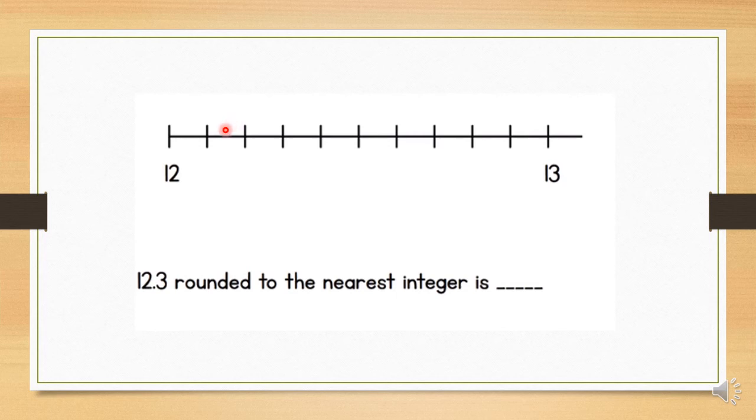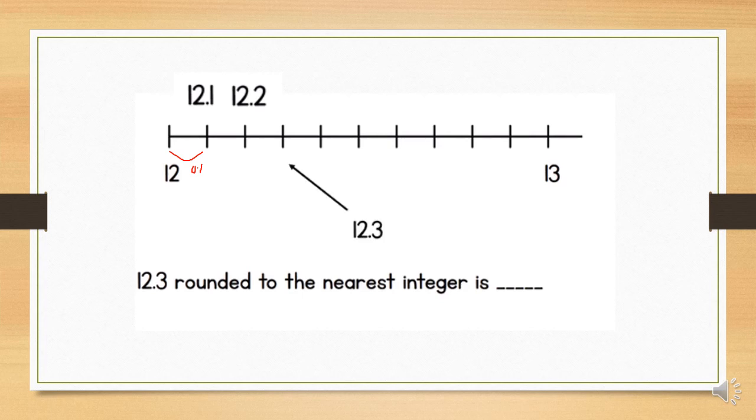I'll write that on there just to remind you. Each one of these is going to be worth 0.1. Then we've got 12.1, 12.2, and then the number we're looking at is 12.3.